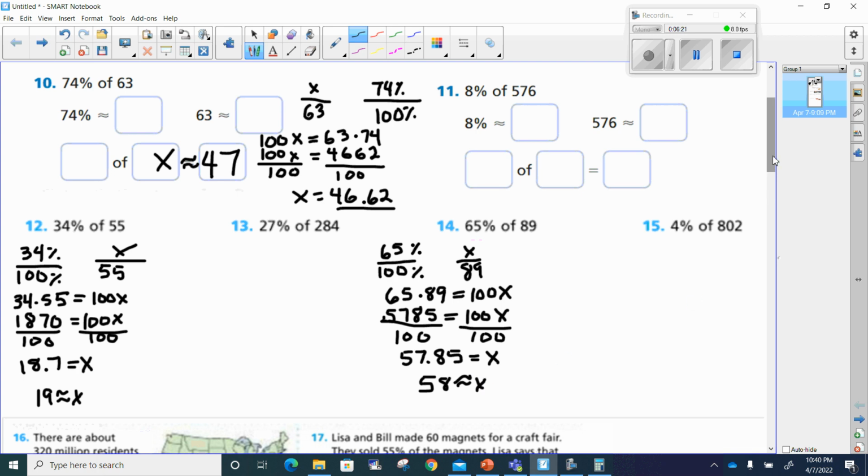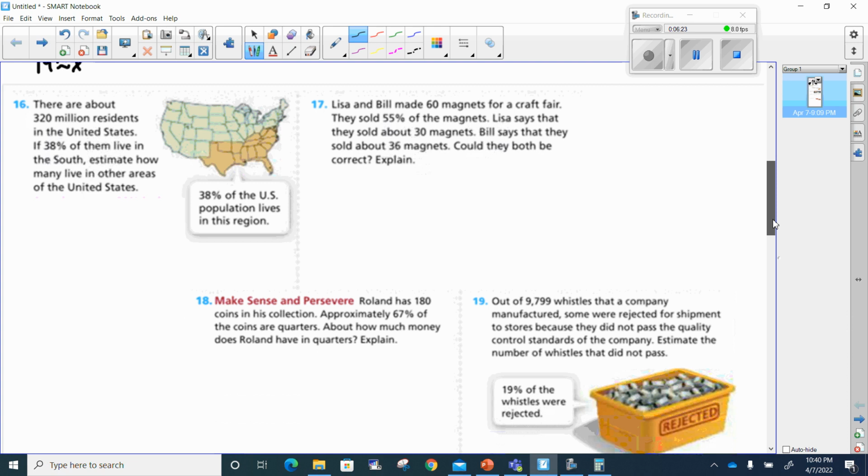All right, going down to number 16. There are about 320 million residents in the United States. If 38% of them live in the South, estimate how many live in other areas of the United States. Okay. If 38% of them live in the South, we have to estimate how many live in other areas of the United States.